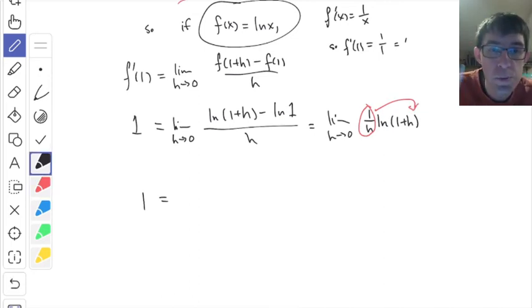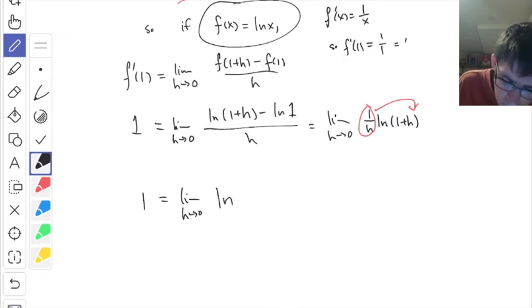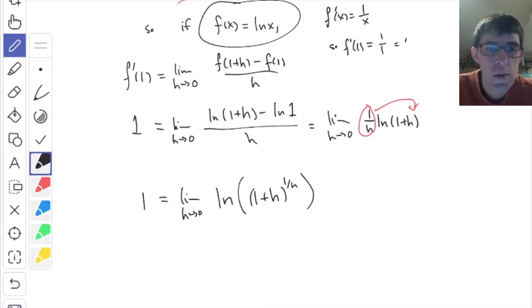Usually we use this rule to take the exponent out front, but you can also shove a coefficient into the exponent. This will say lim h goes to 0, natural log of 1 plus h to the power 1 over h. Usually we use that rule to take the power out of a log, but of course you can do it both ways if you want to. Usually you don't want to, but here's one special example where you do want to take the coefficient and put it into the exponent.